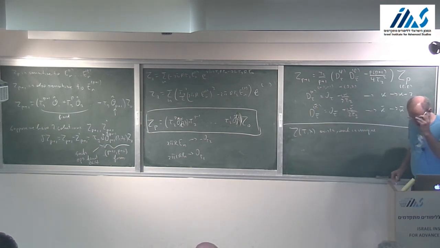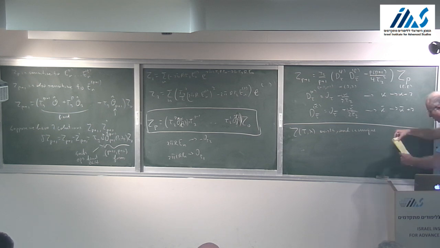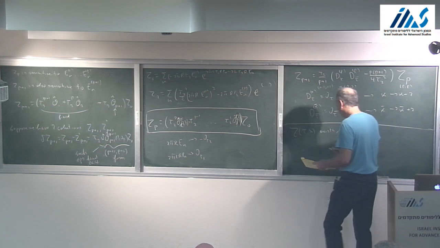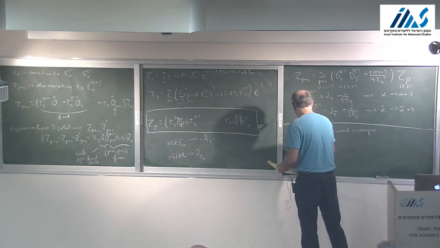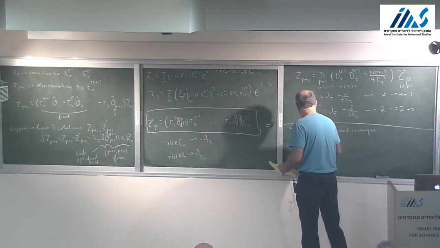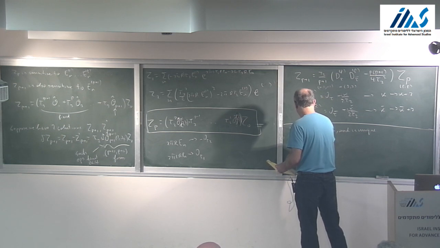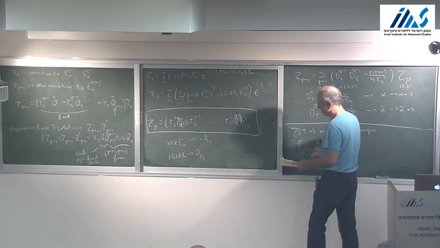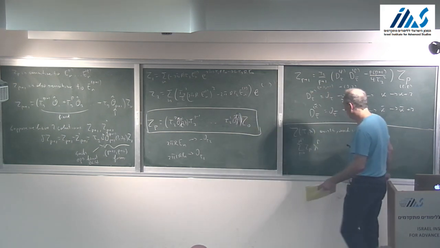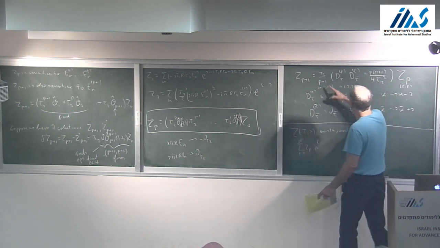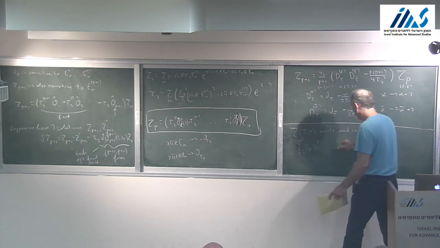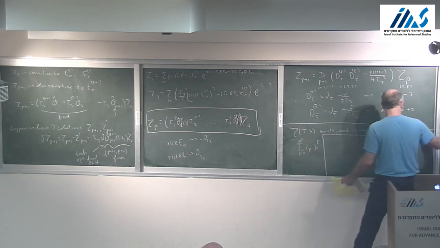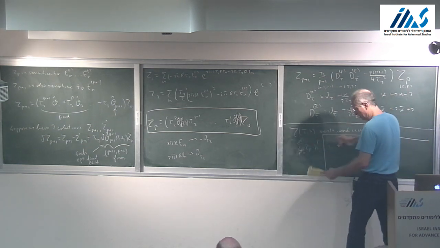Now, to make the connection to what Sasha was talking about, one convenient thing is to write the definition of these Z_Ps, which are the coefficients in this expansion, like I mentioned before, and ask what this recursion relation means for the full partition sum.